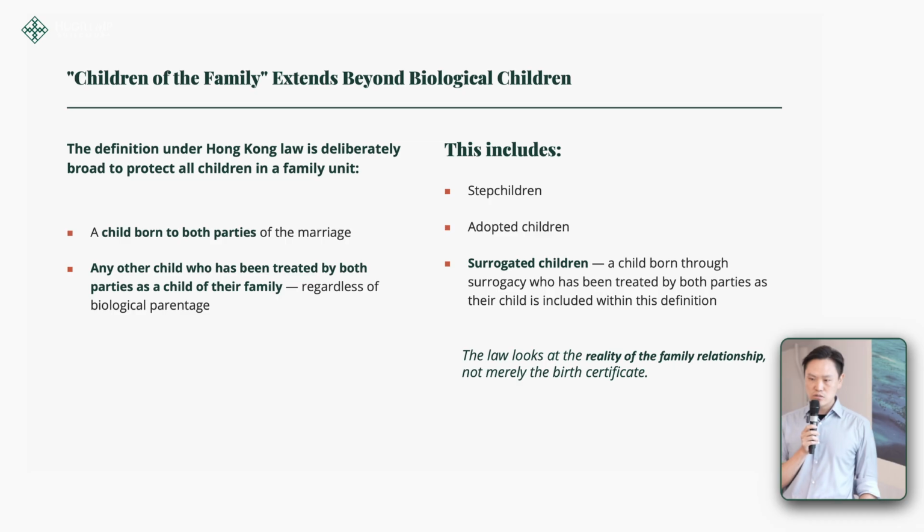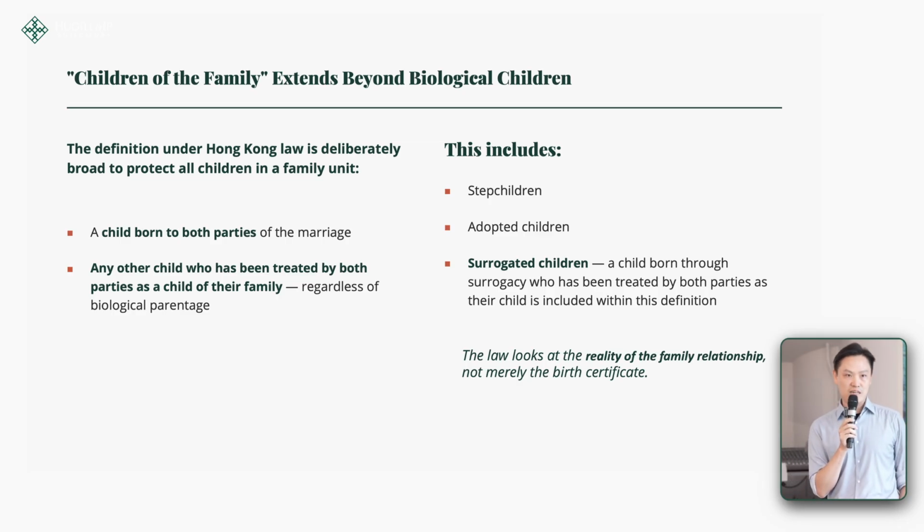The recent case law on this even expands to surrogated children. So long as the parties treat this child as their own and raise them and provide for them, then it's likely to be a child of the family. And the family courts can then deal with the child.